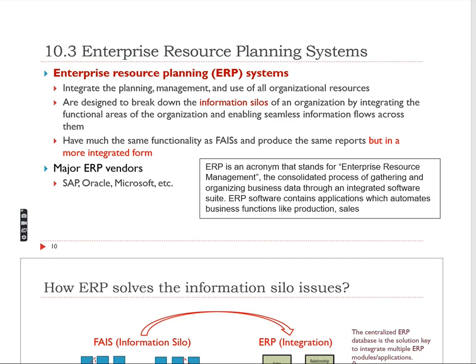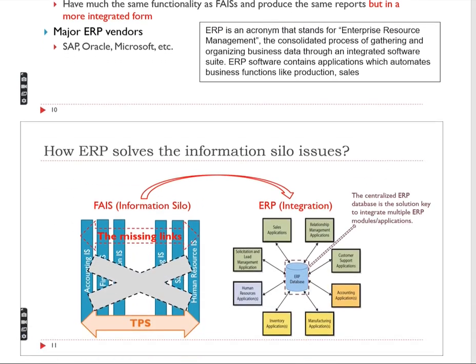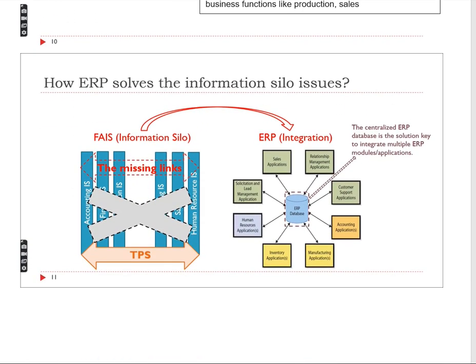It's just an acronym. Here's an example of how the ERP system solves the information silo issue. These are all the departmental computer systems. They're all different information systems that are separate. Well, this ERP basically cancels out this problem. Cancels out this problem, and there is a layer of software that is placed in between all of these processing links, and it comes over here where it's integrated into a top layer software package.